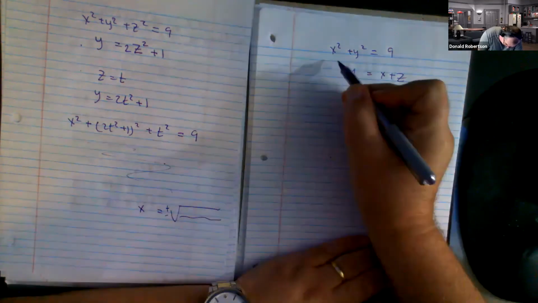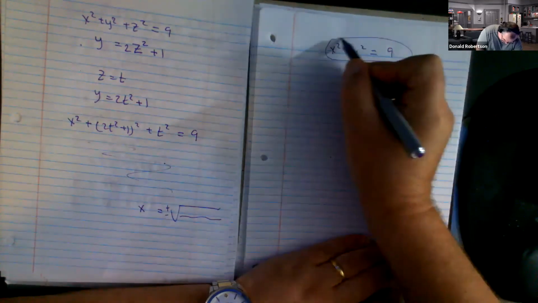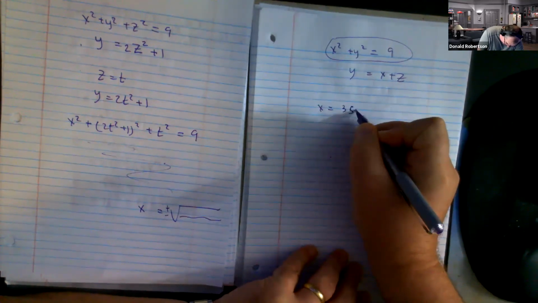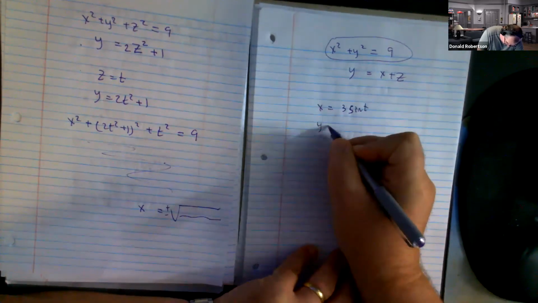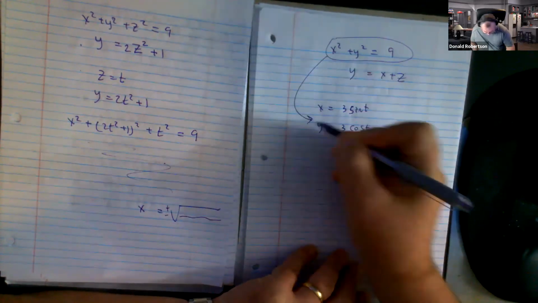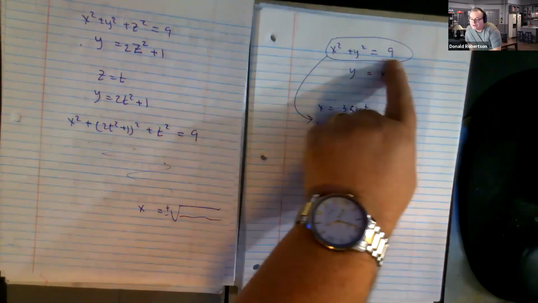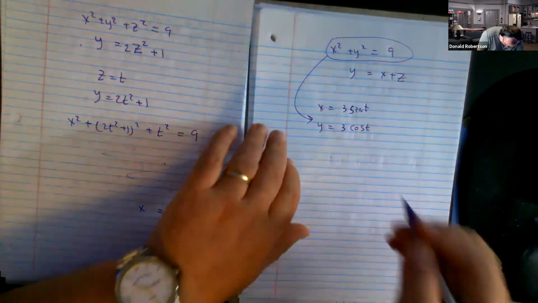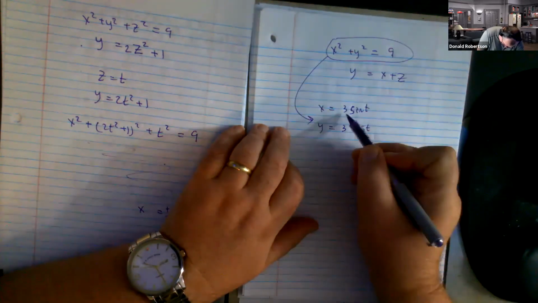What they're doing is they're using this guy, and you're able to say x is 3 sine t and y is 3 cosine t. Can you see why that combination generates 9? Right, let's do it. The 3 comes from the 9, right?